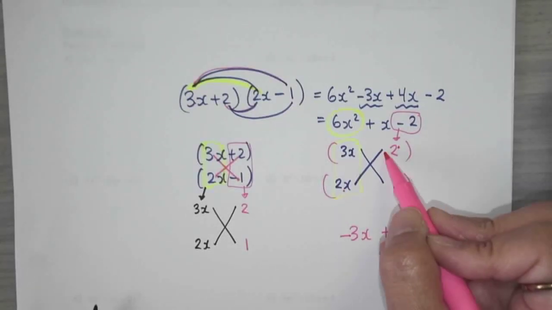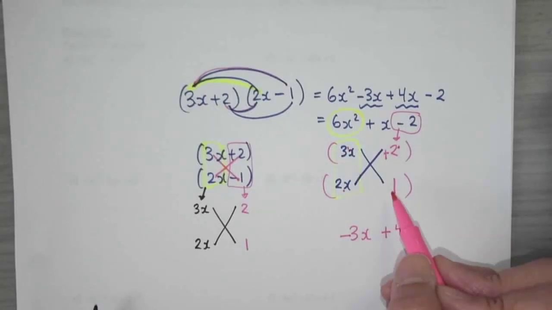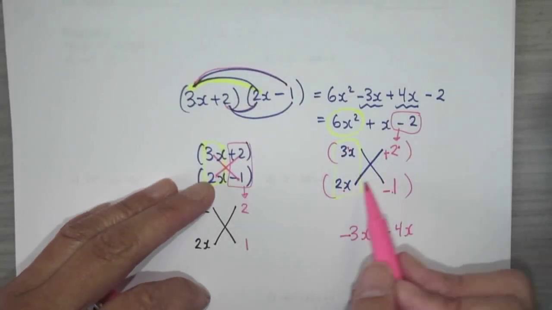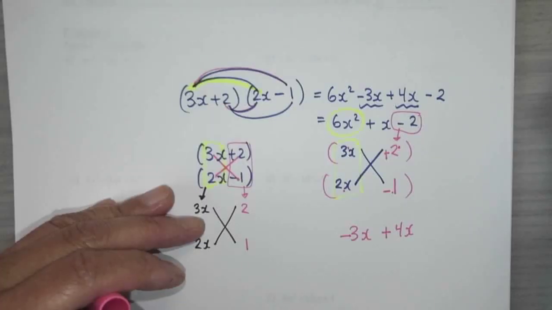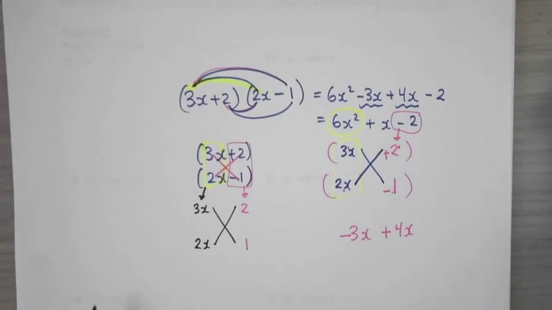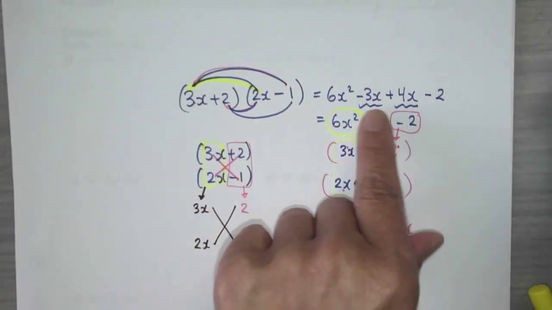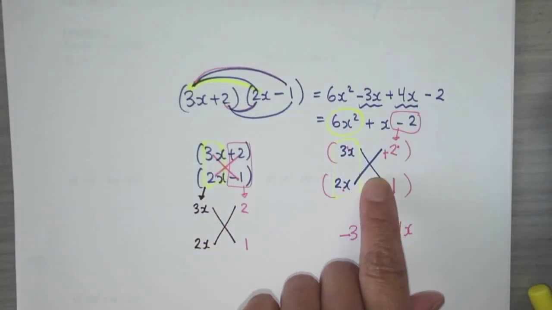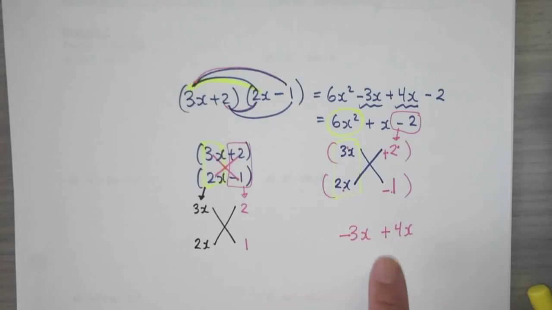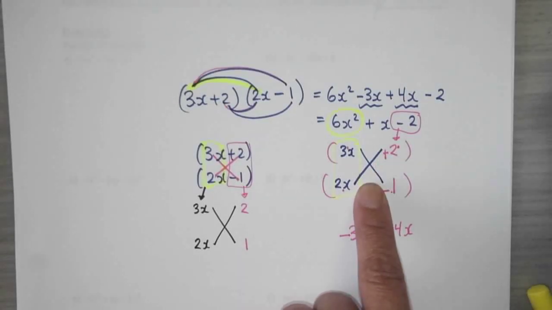This crisscross is positive 4. This crisscross gets me a negative 3. And those are my two factored brackets. So what we're trying to do is look for a pattern. Now I'm going to give you just this answer, and you're going to work backwards using this crisscross method to get to the factored form.